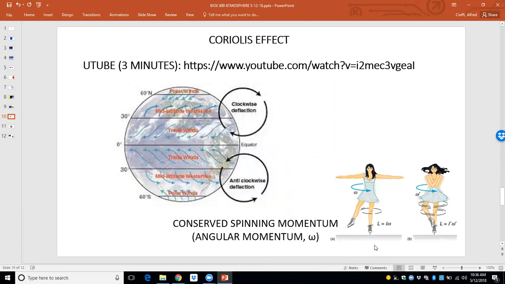And so he or she can literally play around with the speed of momentum by either extending or contracting the arms. Because then when she extends the arms, that mass of her arms are further away from the axis. So it's kind of dissipating mass, if you will, or redistributing the mass into a wider spin, okay?